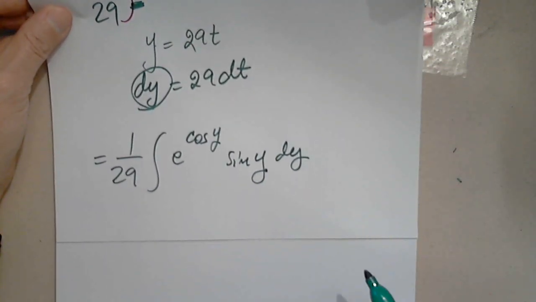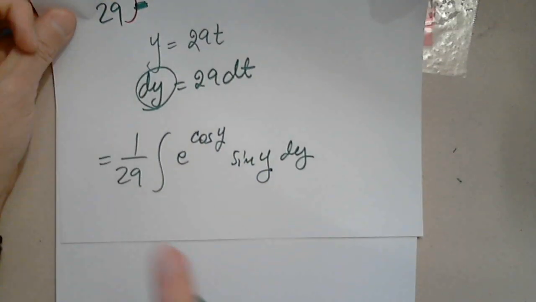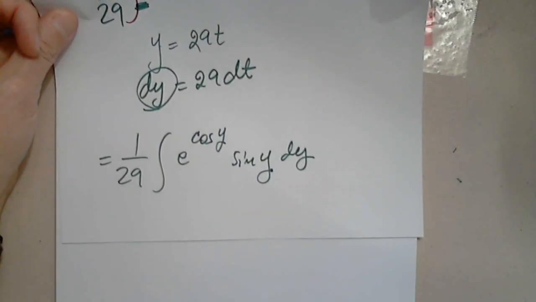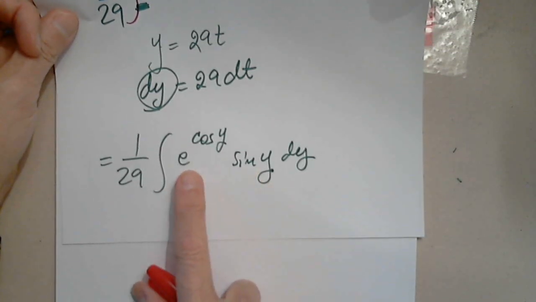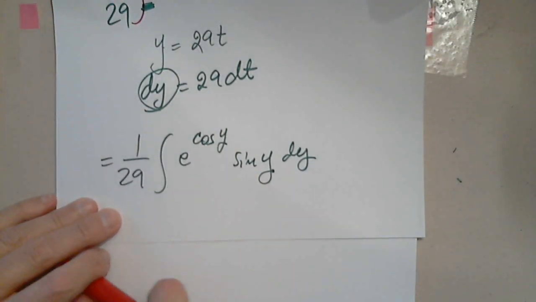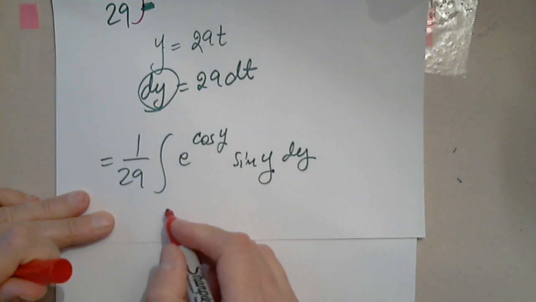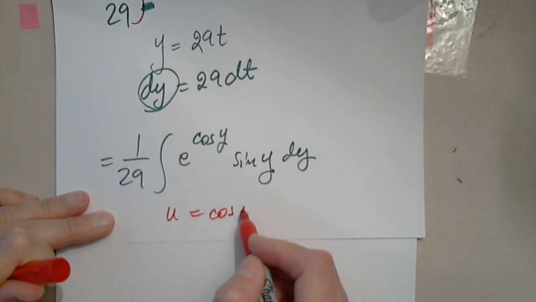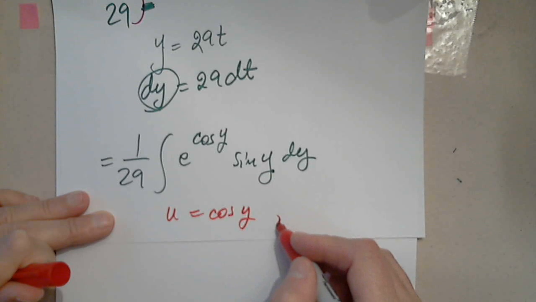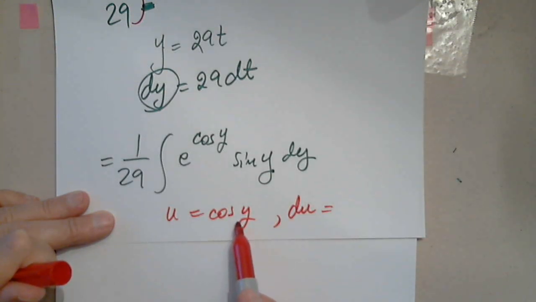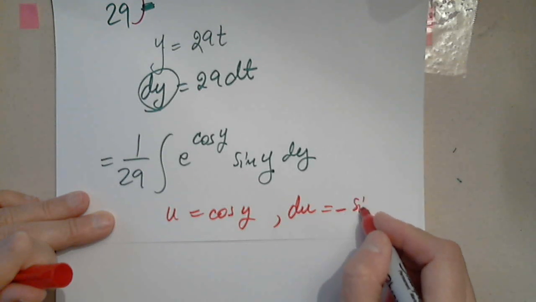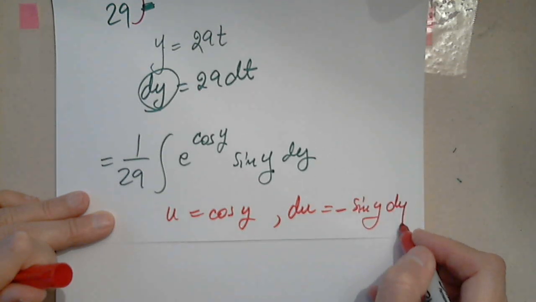Okay, well, that's good, but not good enough. I have one more step in which I'll say sine is nice, but cosine inside e is not that nice. So I'm going to say let u be cosine y. And when I differentiate cosine y, I get negative sine y times dy.